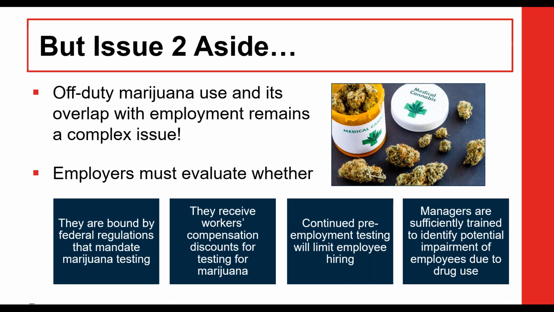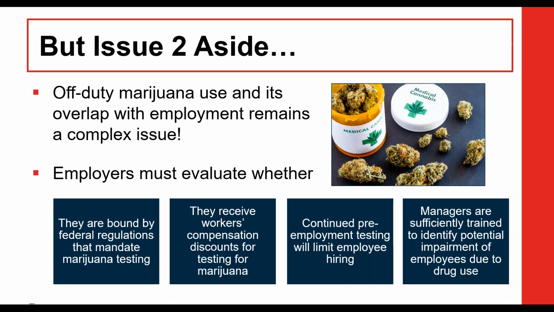Employers need to understand, hey, listen, do we receive a workers' compensation discount for our efforts to test for marijuana and maintain a drug-free workplace? Are we going to continue pre-employment testing? Because will it limit employer hiring? So in a tough job market, is our applicant pool deep enough for us to continue testing adults for marijuana?